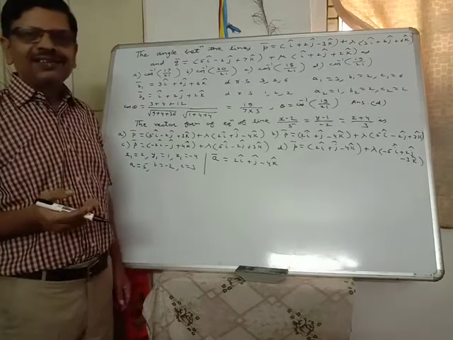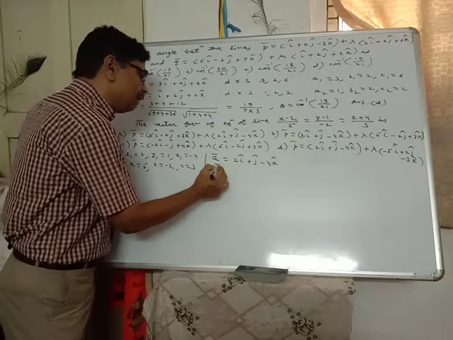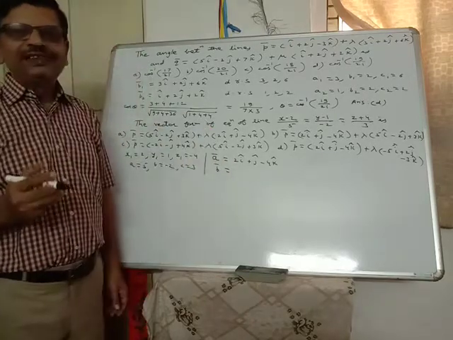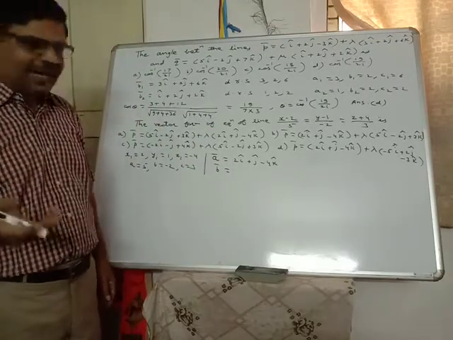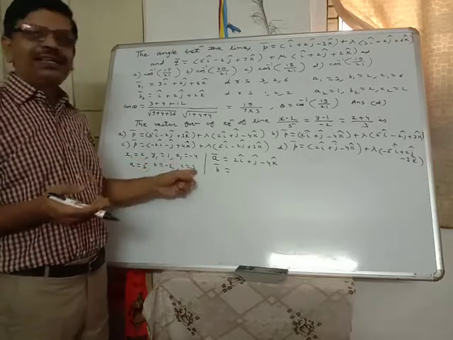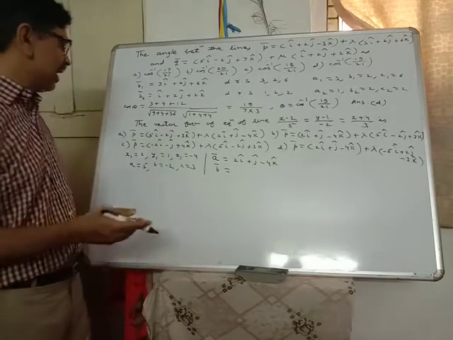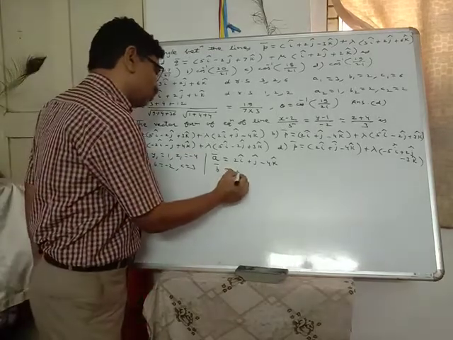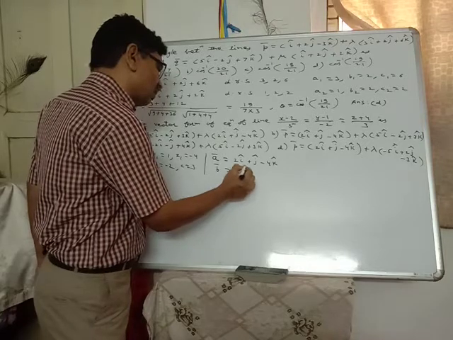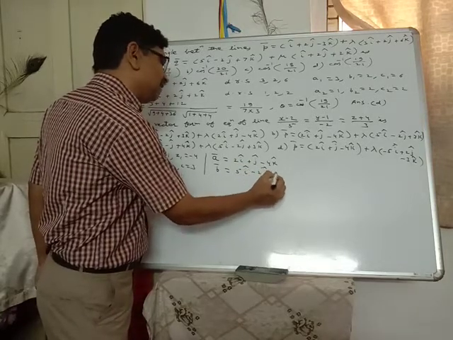For parallel lines, direction ratios are same. Suppose b bar is a vector which is parallel to the line. Then direction ratios of line become coefficients of unit vectors i, j, k. b bar is 5i minus 2j plus 3k.